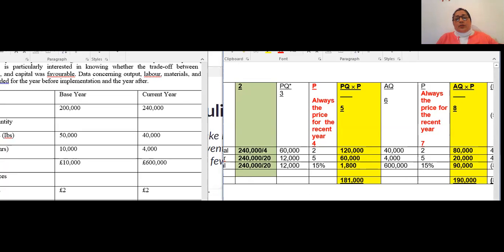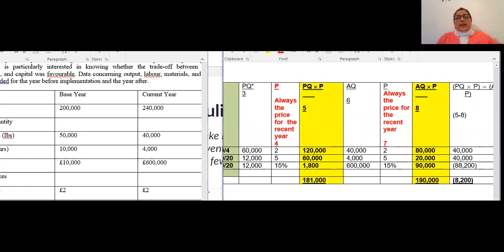Again you multiply by the price, and again I've put here in red, always use the price of the recent year, which is 2, 5, and 15%. You will get these figures. All you have to do is just compare between both of them. You will get this figure.